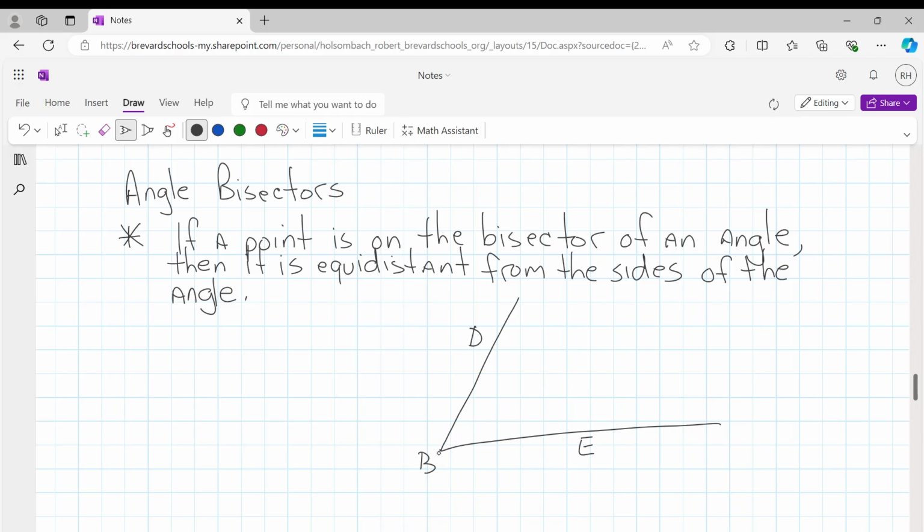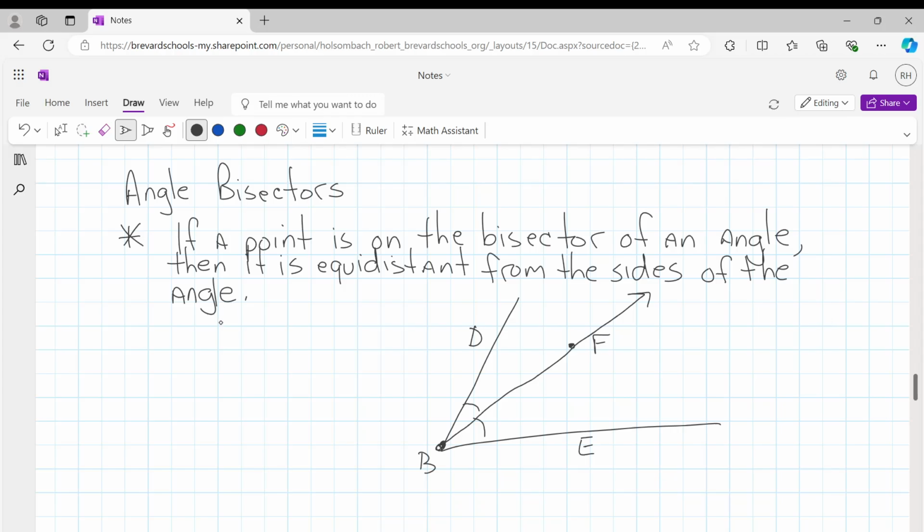So if we draw a ray right out of point B, and we try to get it through the middle of the angle, all right, B to F, it's called an angle bisector. If these two angles are congruent down here, then BF is an angle bisector.